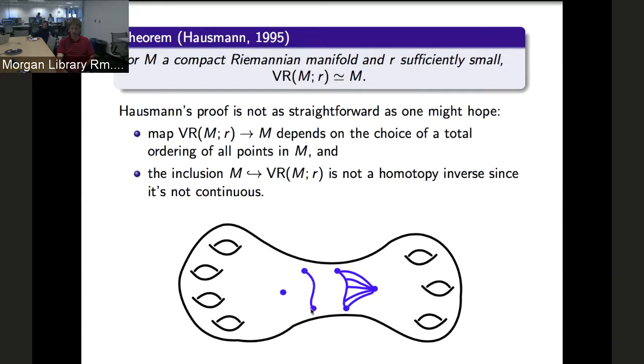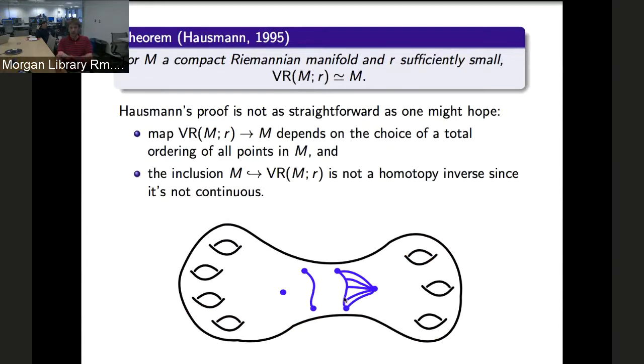An edge connects 2 points, and the assumptions on the sufficiently small scale parameter are such that if you have 2 points in your manifold at distance at most r, then there's a unique geodesic between them. So if I have 2 vertices in my Rips complex and an edge between those vertices, then I map them to this unique geodesic between them in the manifold. So that's what this blue edge in the middle signifies.